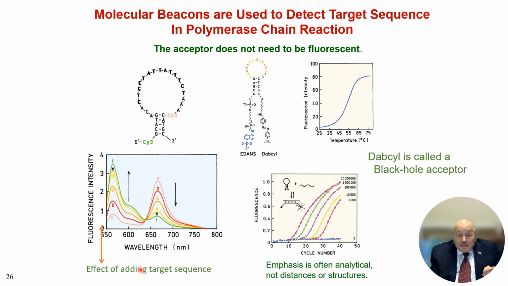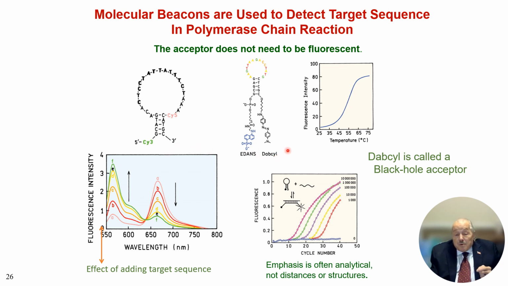And that's exactly what you could see here, is that as they added the complementary oligo, the donor intensity went up and the acceptor intensity went down because they were removing energy transfer.